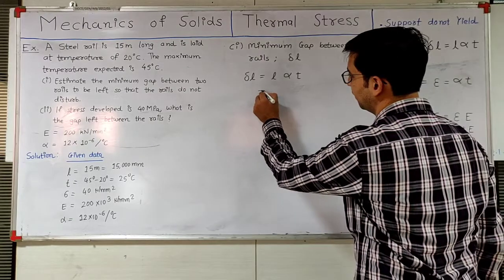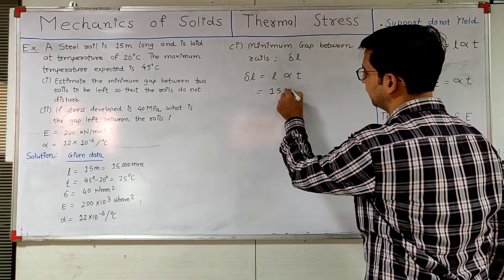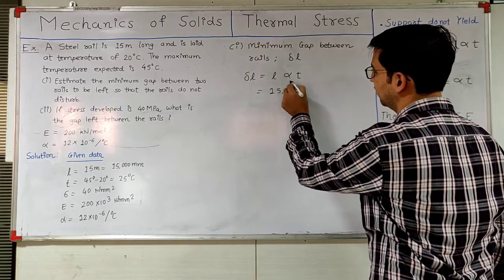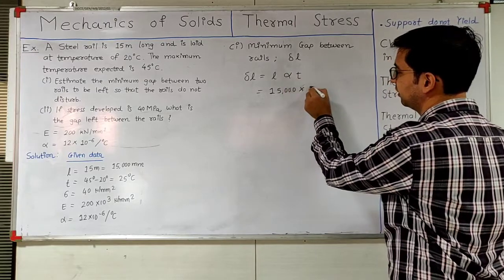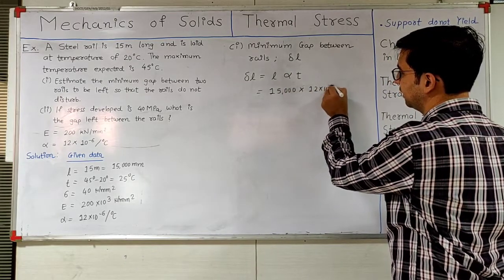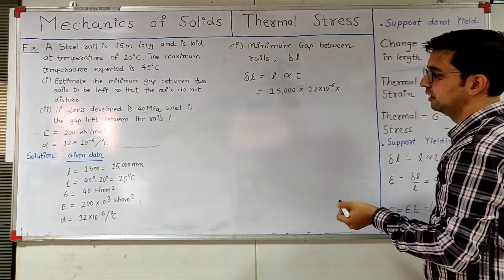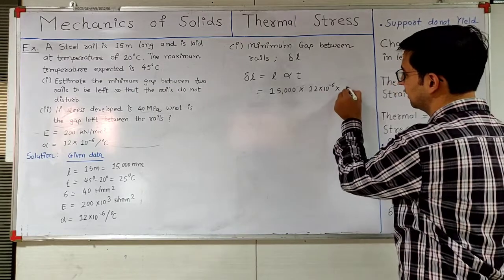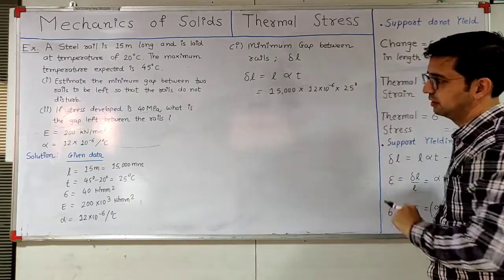Here L is 15,000, the coefficient of thermal expansion is 12 into 10 raised to minus 6, and T is the change in temperature, which is 25 degrees Celsius.